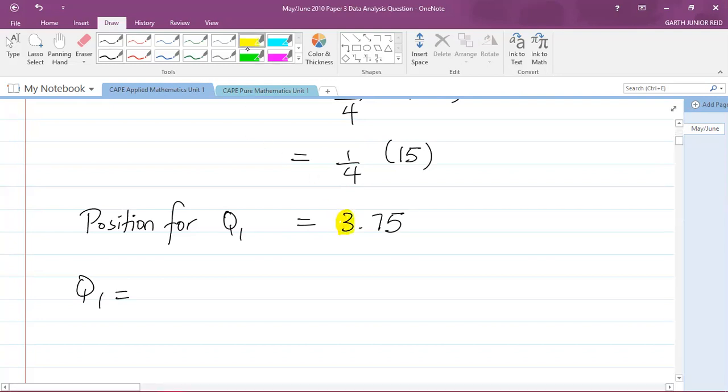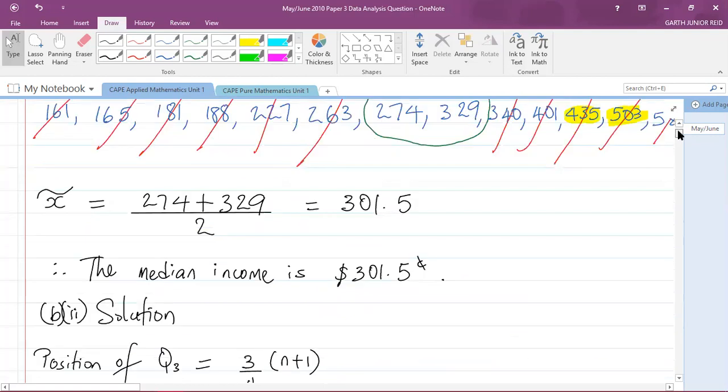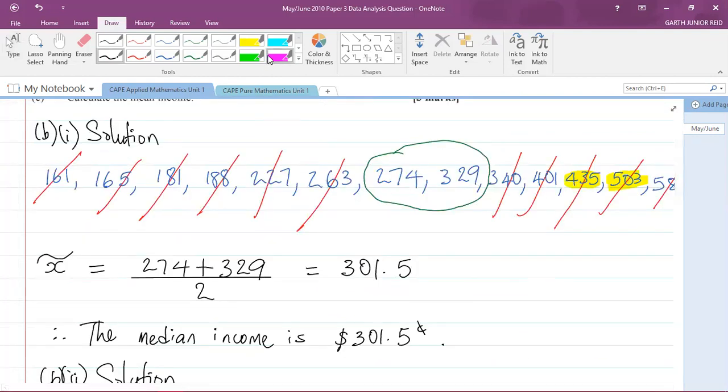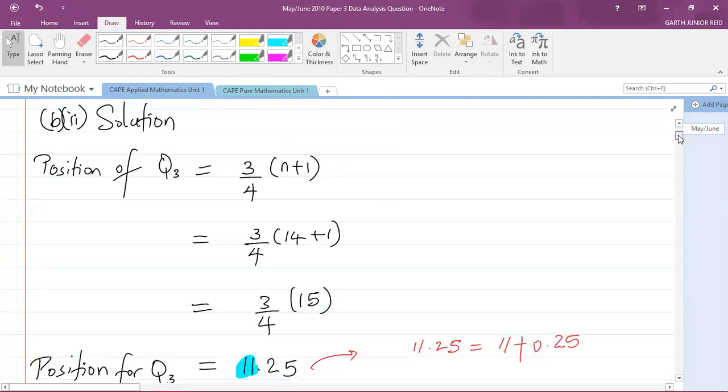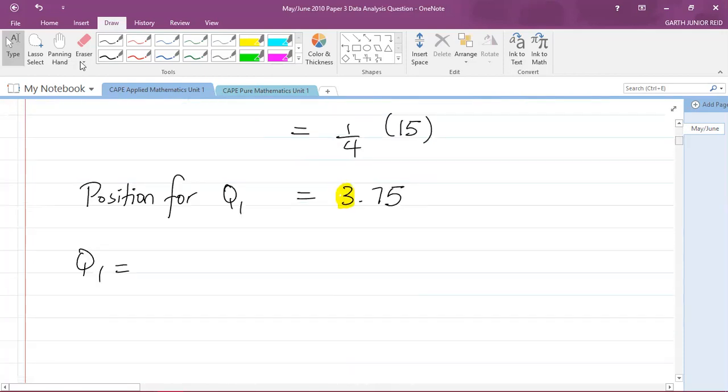I'm now going to say that Q1 is equal to, I need to identify the third position. So let's go back up. The third position is right here, that's 181. Let's go back down here. I'm now going to write 181 plus what?